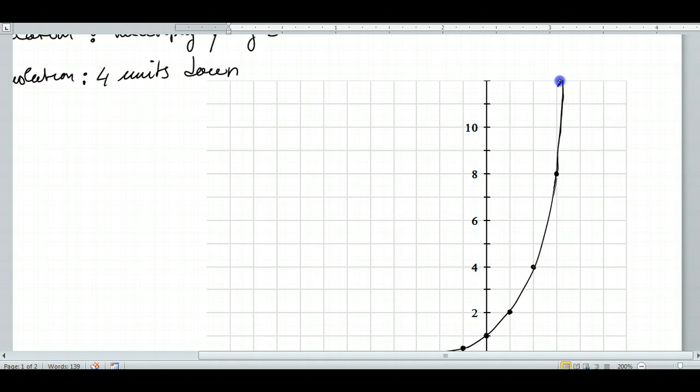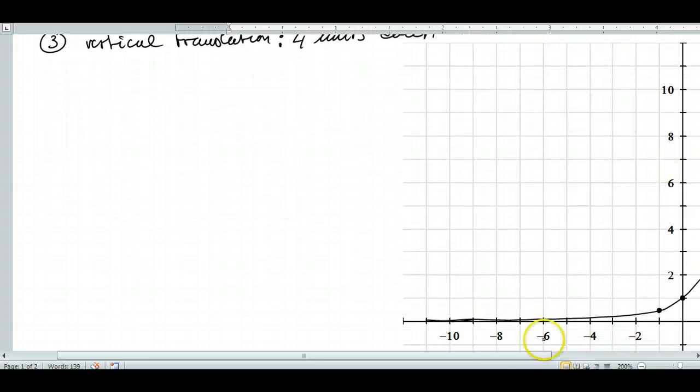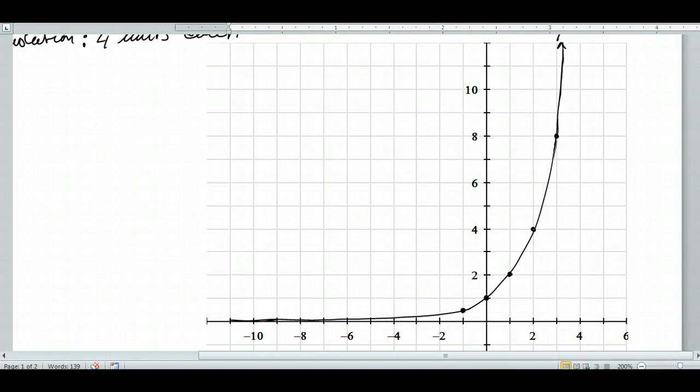So that's y equals 2 to the x. Second one, we are moving 2 units right. Take all the points, move them 2 units right.